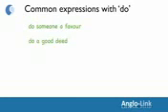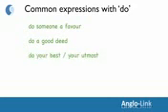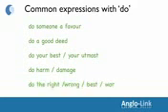Let's look at some expressions with do. Do someone a favor. Do a good deed. Do your best. Do your utmost. Do harm or do damage. Do the right or the wrong or the best or the worst thing.